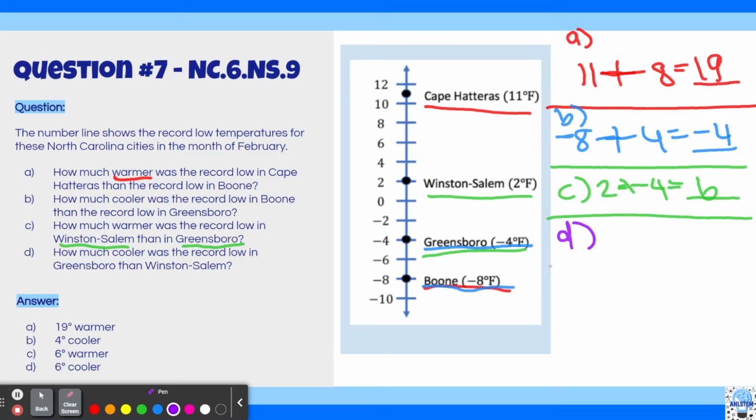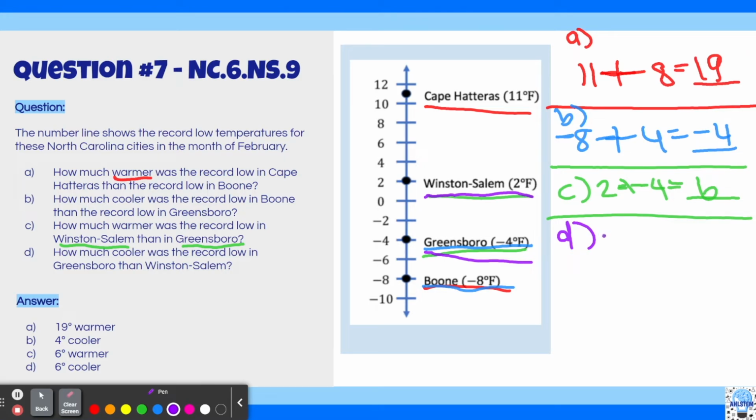How much cooler was the record low in Greensboro than Winston-Salem? Let's do this. So, cooler. This, actually, let me solve it this way and then show how this answer also works.